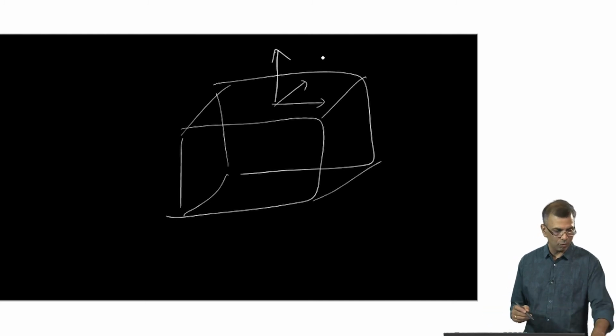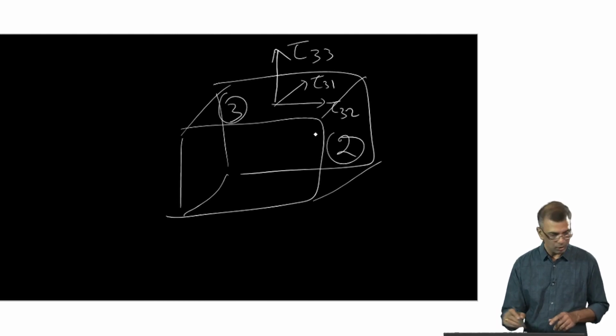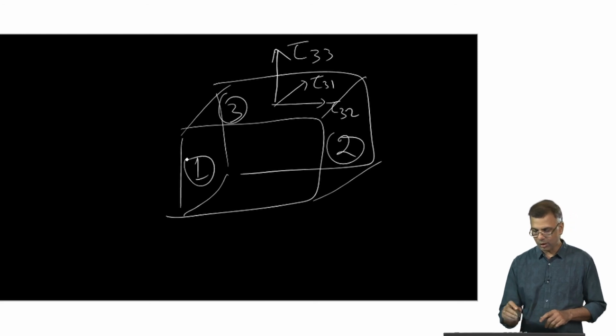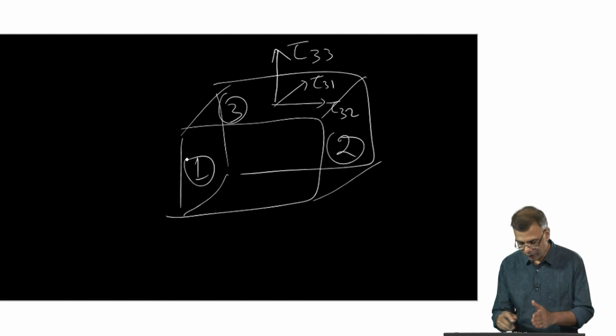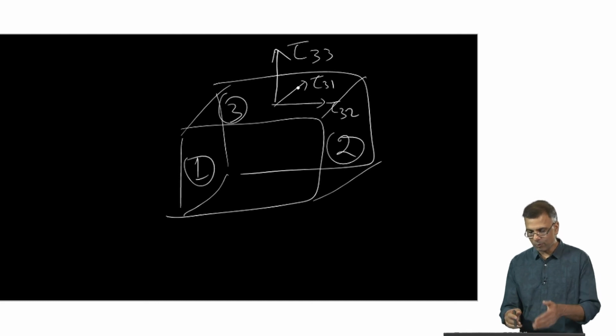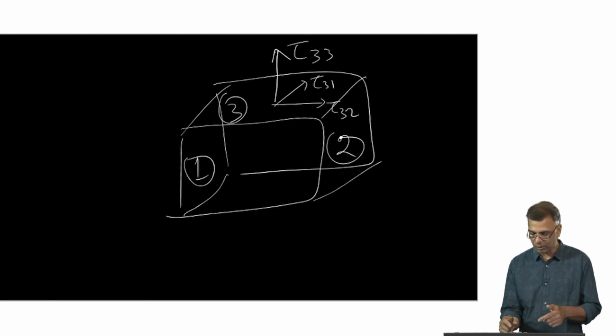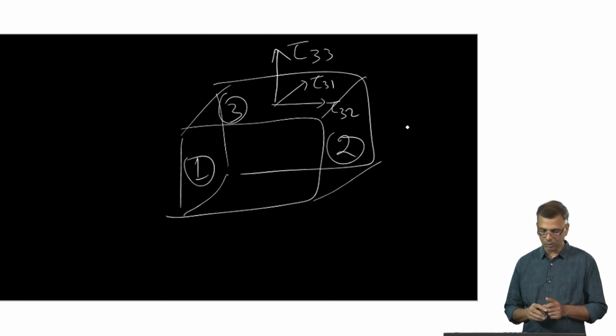So if, for instance, I call this face 3, this face 2, and this face 1, then tau 3 would be the force per unit area acting on face 3 along the normal to the face, whereas another tau would be another component of the force per unit area acting on face 3, along the normal to face 2.